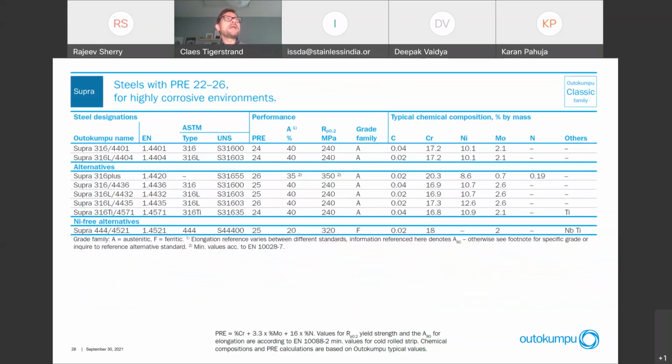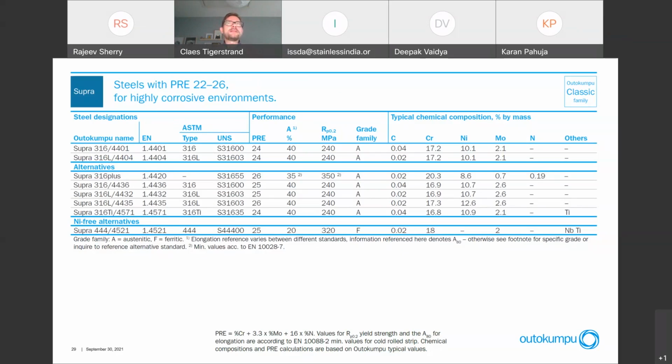Then we have the Supra and the most important grades here at the top, 316 and 316L, but you also have this 316 Plus there as the first alternative. And what can be seen there in the middle, you have the Rp0.2 value, and it's significantly higher than you get from other austenitic grades without nitrogen.